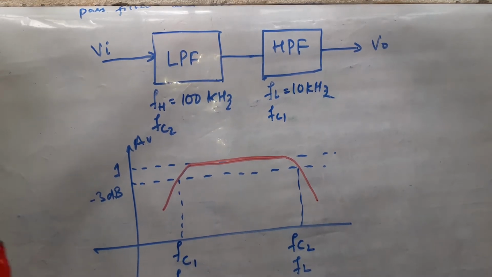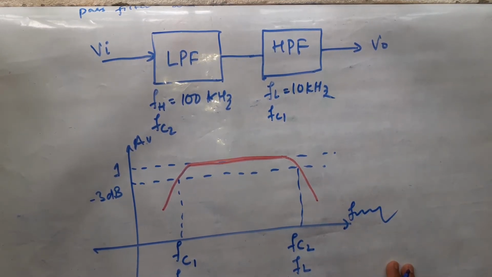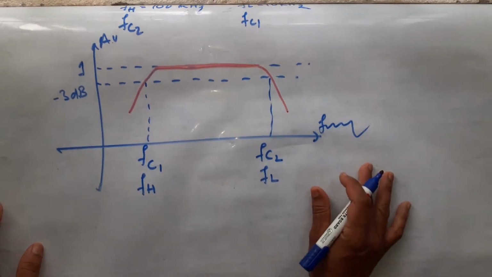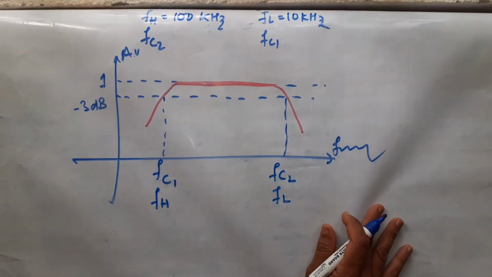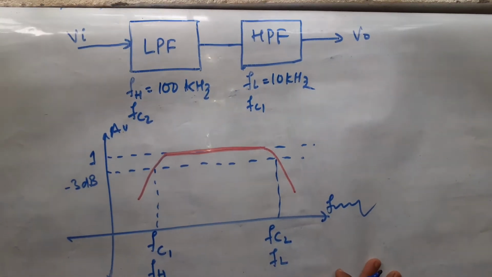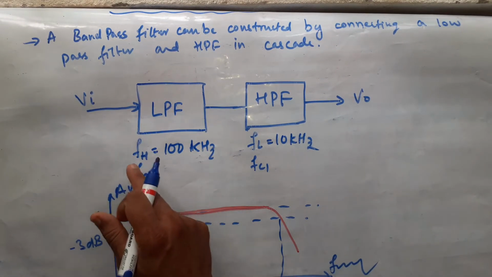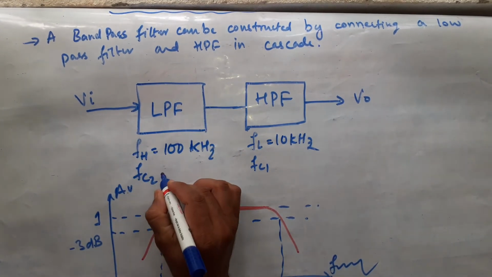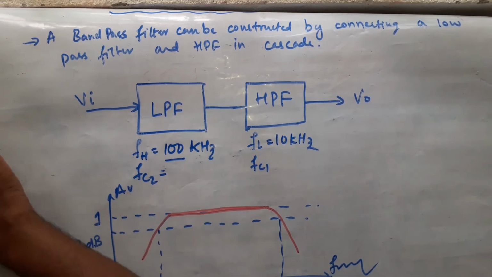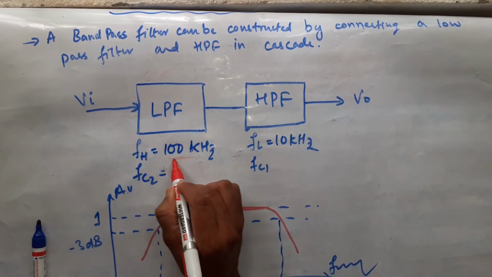Now what is remaining is this is your frequency. Now, why do we connect LPF and HPF? I'll tell you. See here, the low pass filter will pass all the frequencies up to FC2. What is FC2? FC2 is 100 kilohertz, right?